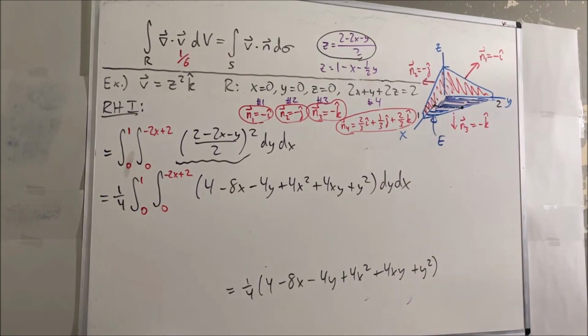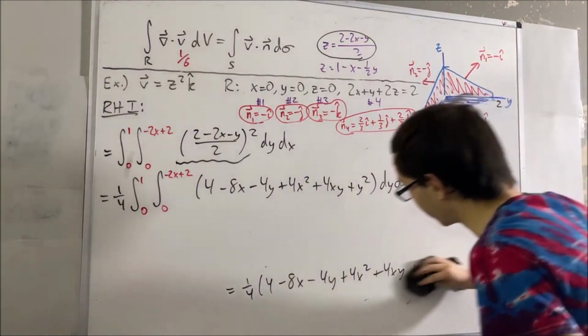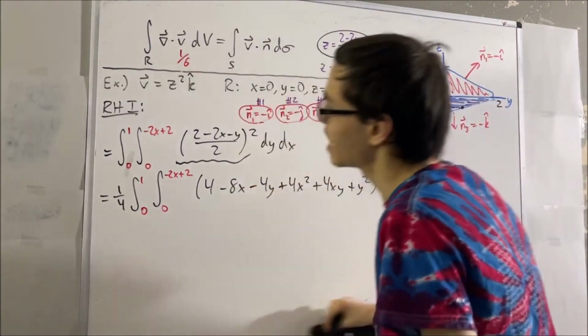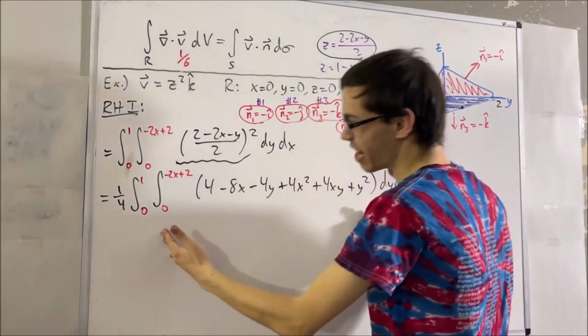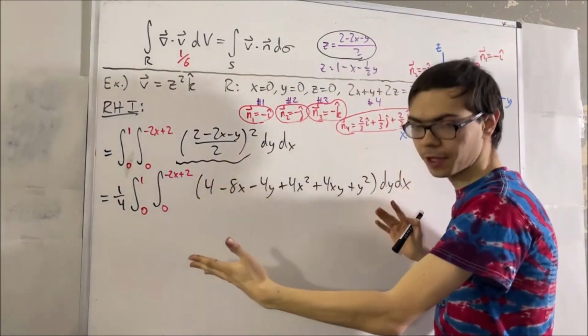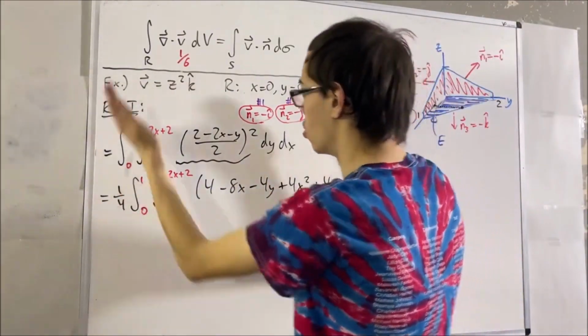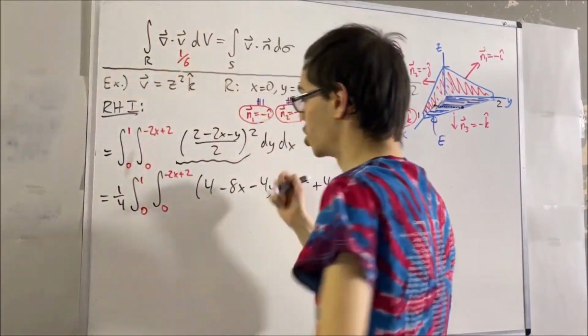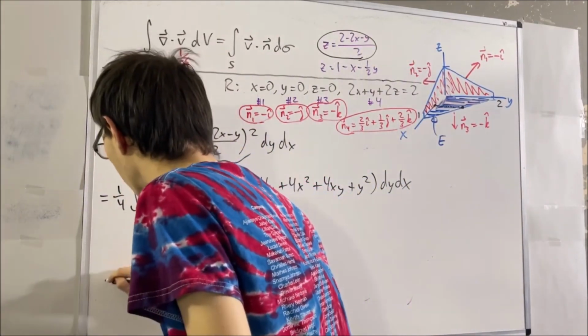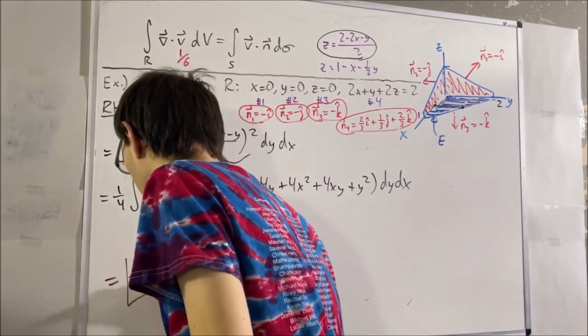At this point, what you should be able to recognize is that this is the same exact integral that we evaluated when calculating the left-hand integral. So since this is identical to what we were doing before, this will result in 1/6.